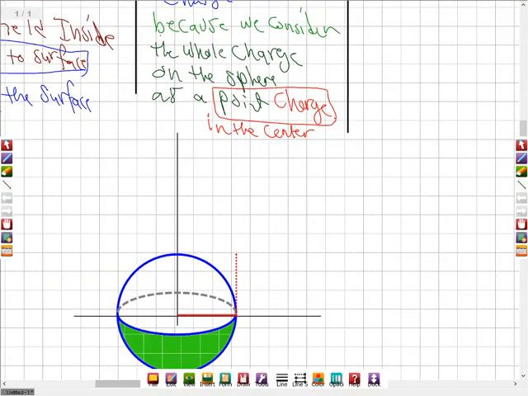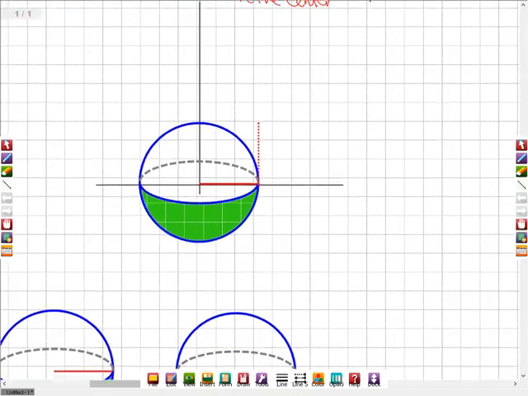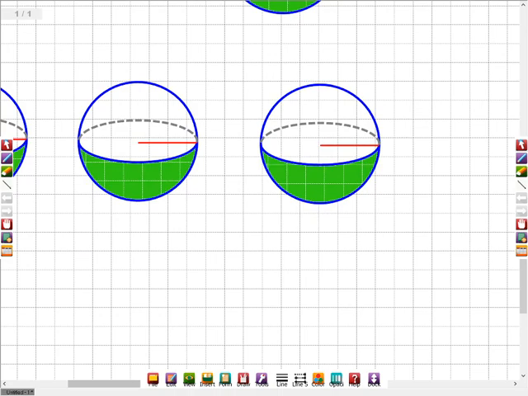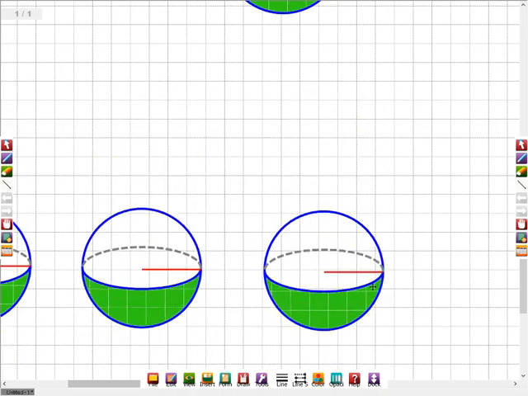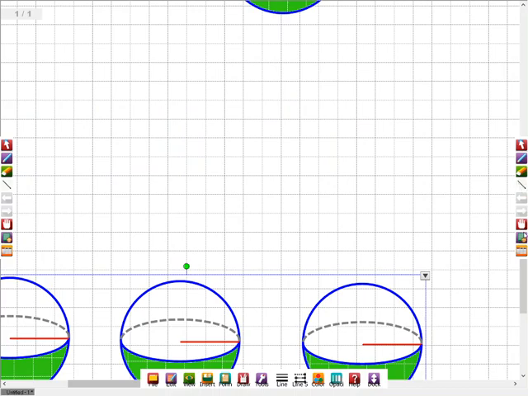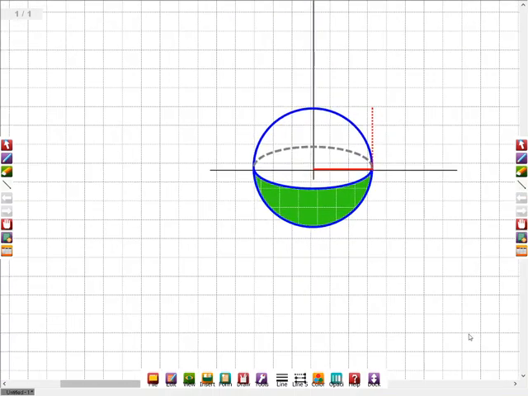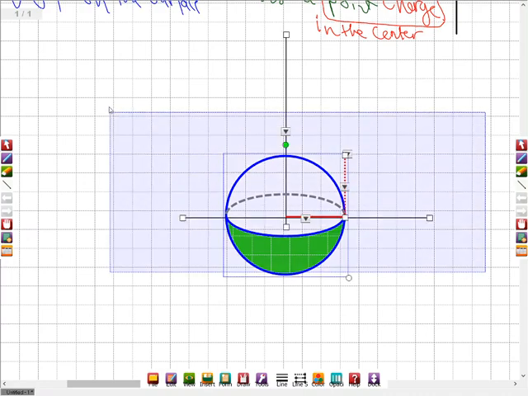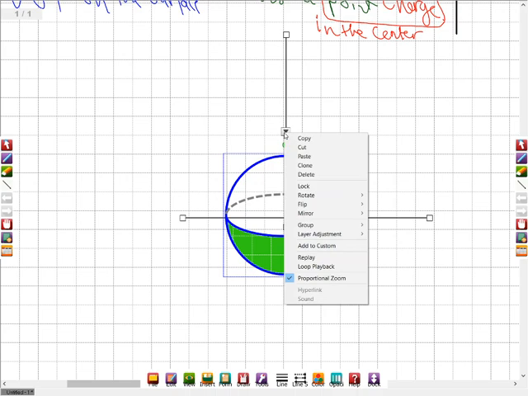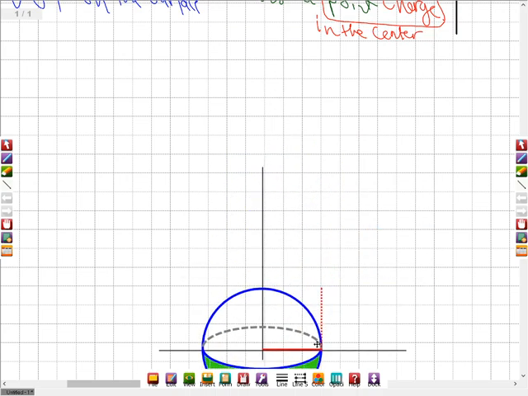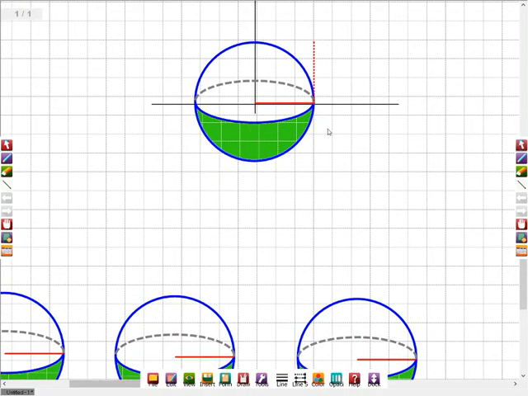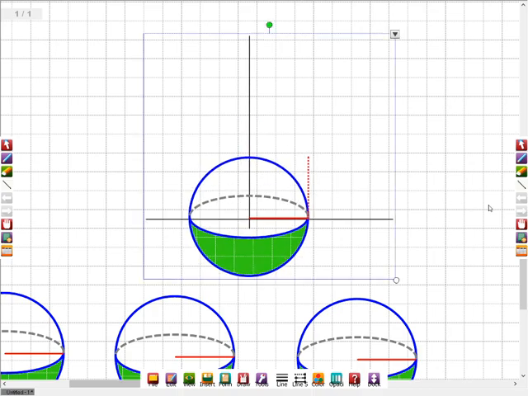Let me move the graph. We're going to use this later on. I'll move all this down.